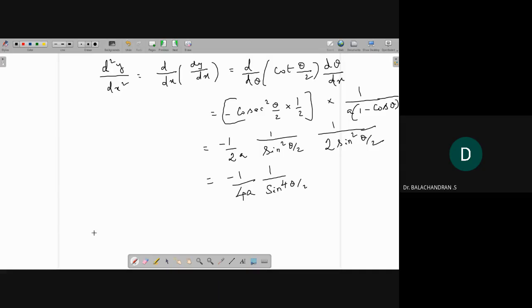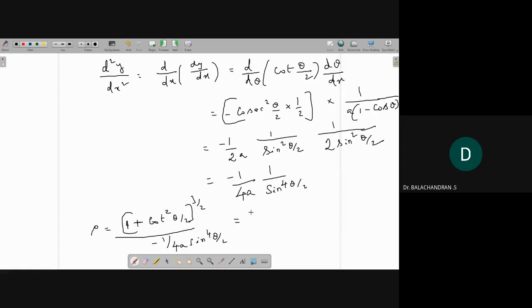Now rho is equal to, I'm writing directly, 1 plus y dash square whole power 3 by 2, divided by the second derivative. Y dash is cot theta by 2, so cot square theta by 2. The second derivative is minus 1 divided by 4a into sine power 4 theta by 2 in the denominator.